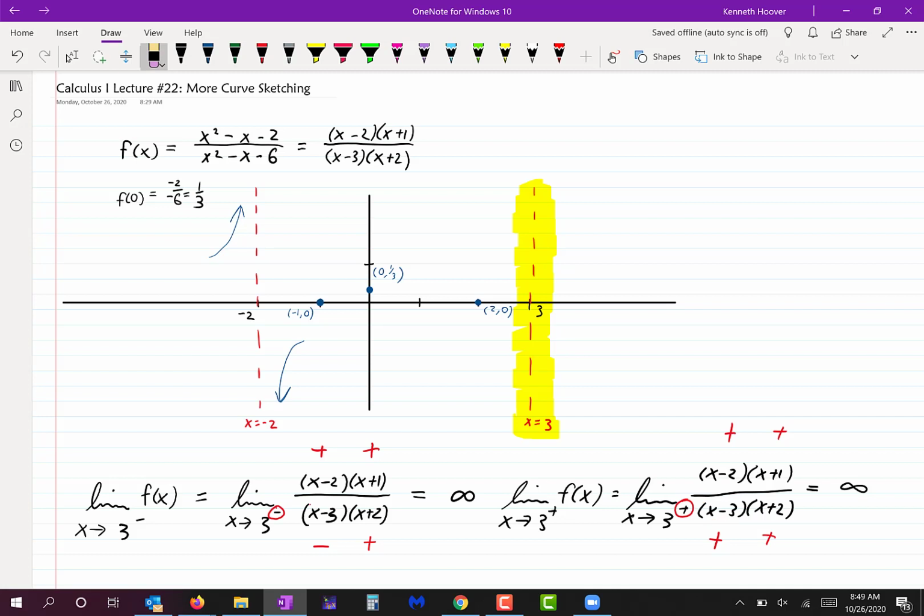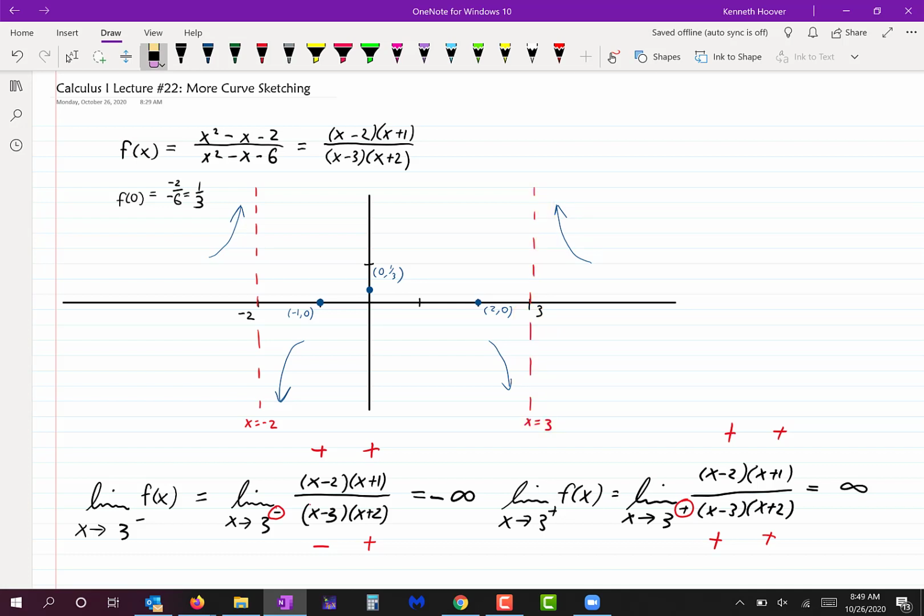And so that's enough to see that the left-hand limit is going to be negative infinity, but the right-hand limit will be positive infinity. So the graph is going to do something like this behavior. Okay?